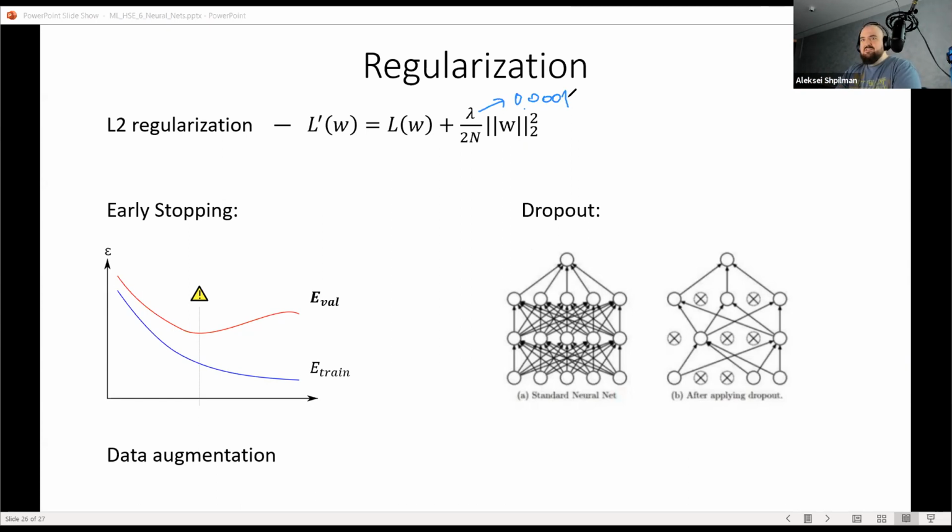Another one is early stopping. So let's say this is a number of epochs or number of batches, doesn't matter, and this is our loss function or error function. Now, if you look at the graph of loss function over epochs on training data and validation data, you will almost always see something that resembles this picture.